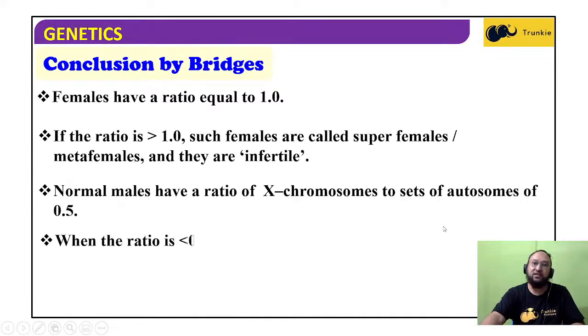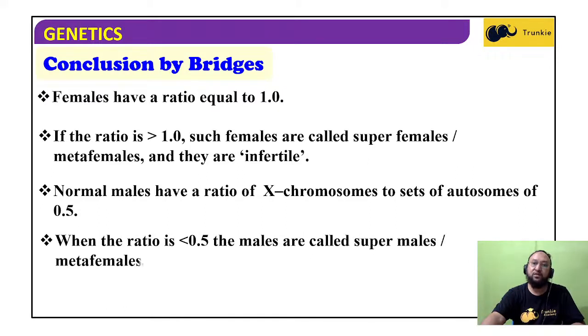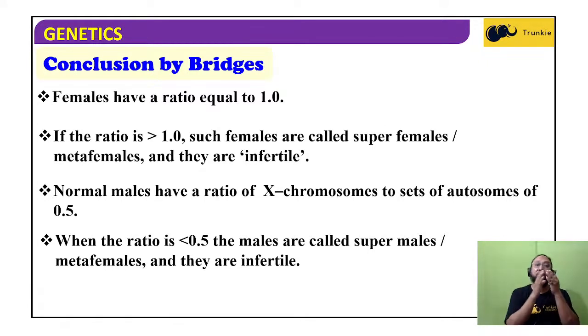Normal males have an X chromosome to two sets of autosomes, so the normal ratio of X chromosomes to sets of autosomes is 0.5. When the ratio is less than 0.5, the males are called super males or meta males, and they are also infertile.